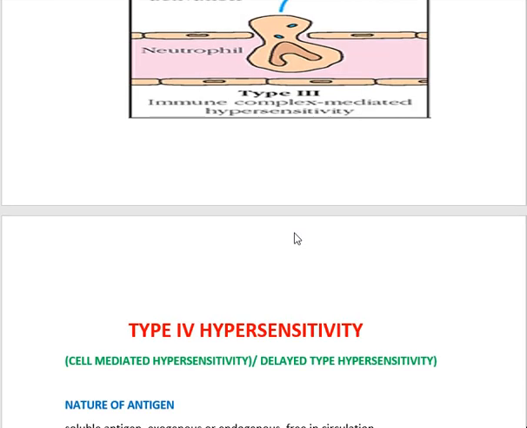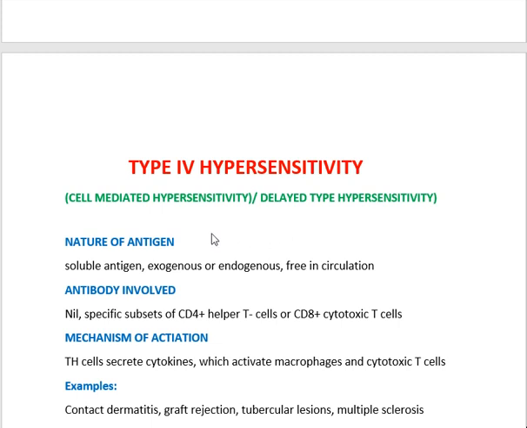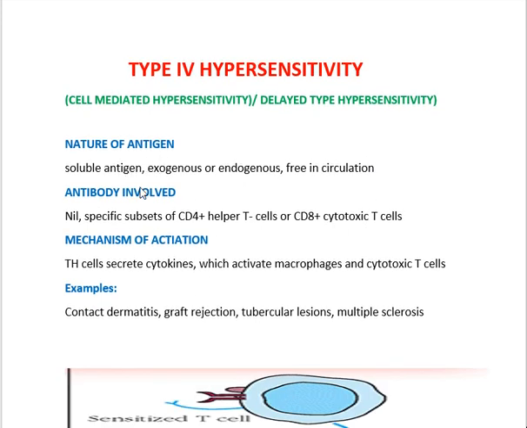Then moving to the fourth type of hypersensitivity, that is cell-mediated hypersensitivity or delayed type hypersensitivity. Here again the nature of antigen is soluble, exogenous or endogenous, and the antigens are free in circulation. But coming to the antibody involved, here no antibodies are going to be involved. That's why we call it cell-mediated hypersensitivity.